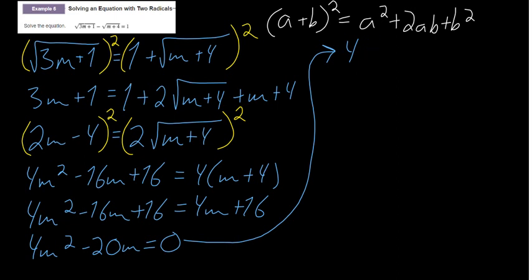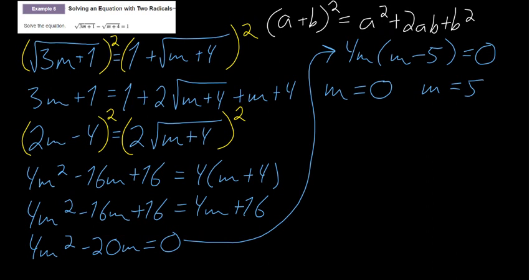Sorry about that. Looks like we'll have an m minus 5, so 4m times m minus 5, and that's equal to 0. So this tells me that m is either going to be equal to 0, or m is going to be equal to 5.